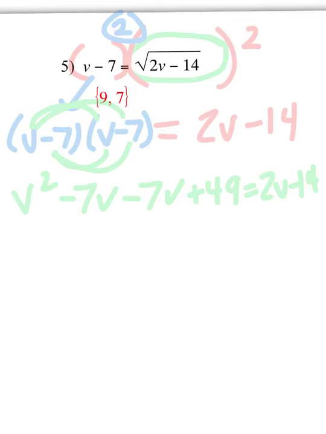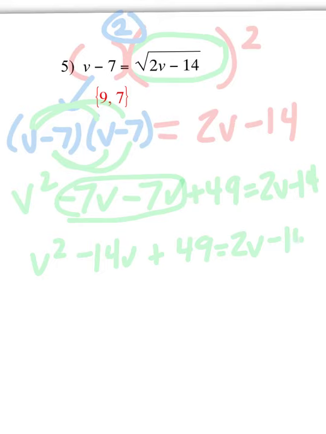Okay, so I'm going to go ahead and simplify the left side. These two are like terms, so that's negative 14v. Alright, now I have all of these variables. In this particular case, there's no way to get rid of v squared, so I'm going to have to pull everything to one side.